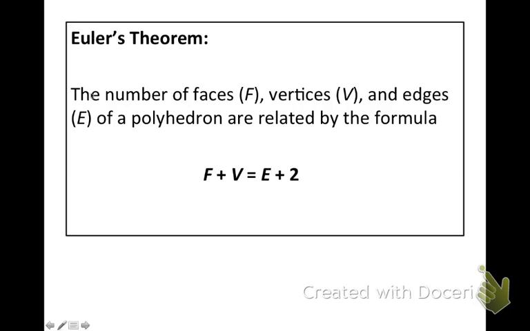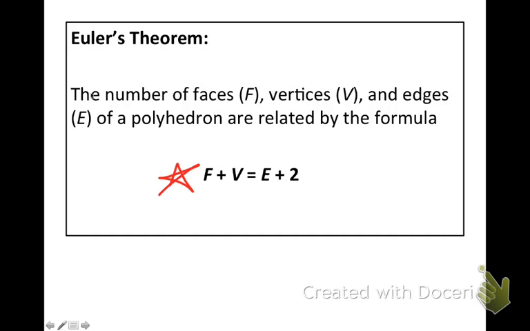Right. All right. In your Euler's theorem box, I would just write the following formula. If you need to label what each of those things means, label it. There is a man named Mr. Euler. I don't know what his first name is. It's not pronounced Euler, it's actually pronounced Euler, like O-I-L-E-R. So Euler's theorem gives you a formula that can be used to look at the relationship between faces, vertices, and edges.